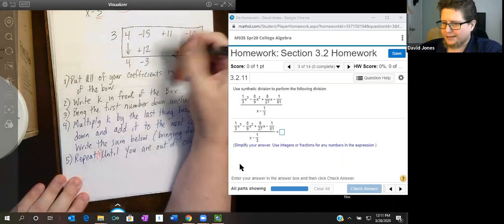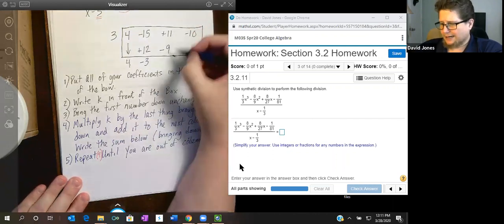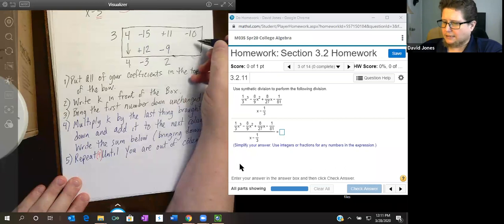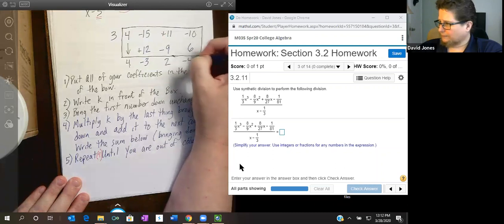So 3 times negative 3 is negative 9. 11 minus 9 is 2. 3 times 2 is 6. Negative 10 plus 6 is negative 4.